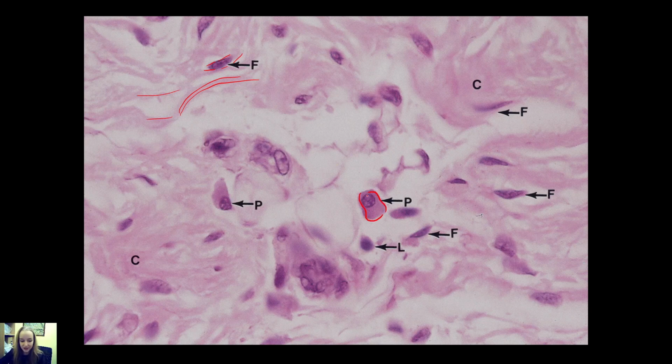Plasma cells are once again effector cells of B lymphocytes, containing a clock-shaped nucleus because of the organization of heterochromatin, with basophilic cytoplasm, because plasma cells contain a lot of rough endoplasmic reticulum. This is once again also a fibroblast over here, and what we can see is something else I don't really know. Normal plasma cell.